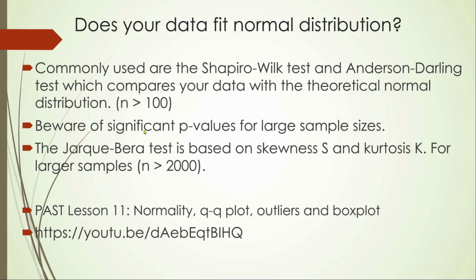However, you have to be careful, because if you have very large sample sizes, a slight deviation from normal will also give a significant p-value. If your sample size is extremely large, it might be better to use a Jarque-Bera test, which is based on the skewness and kurtosis. You can look at how I've done some of these tests in the following YouTube.